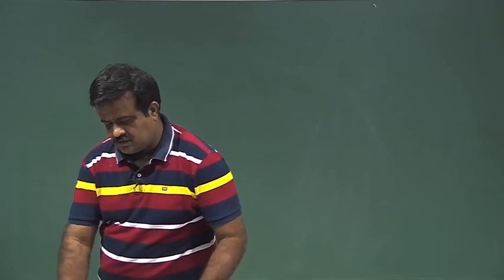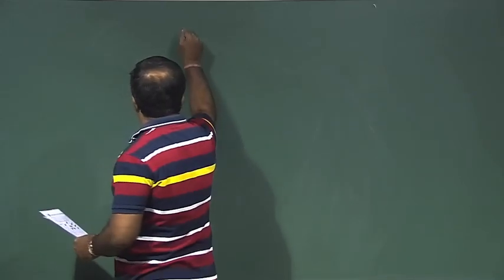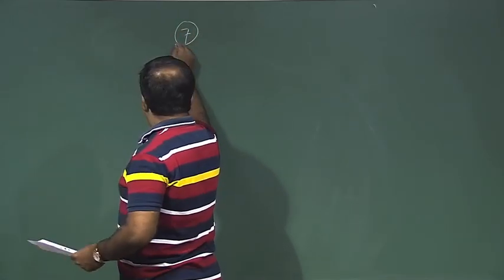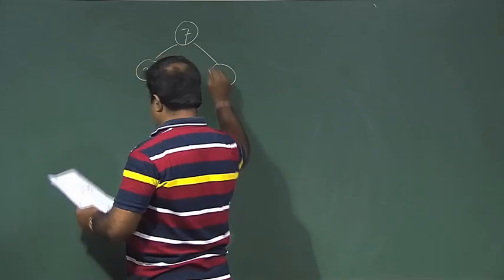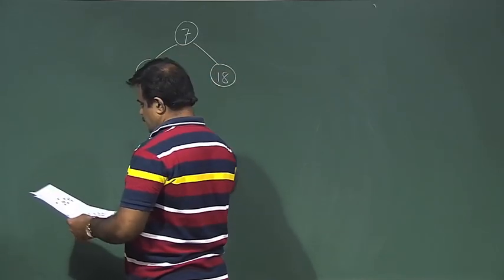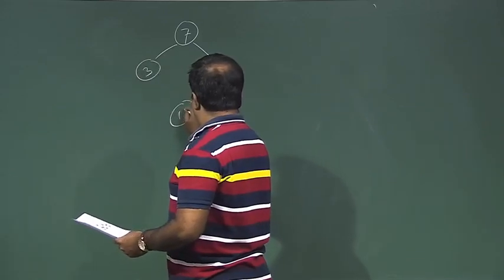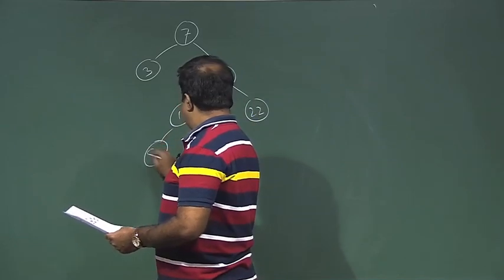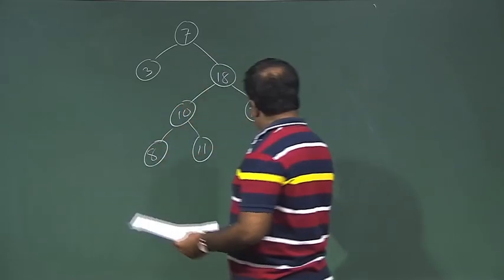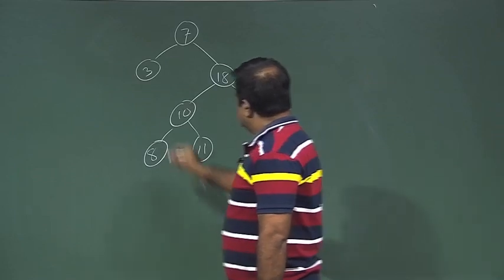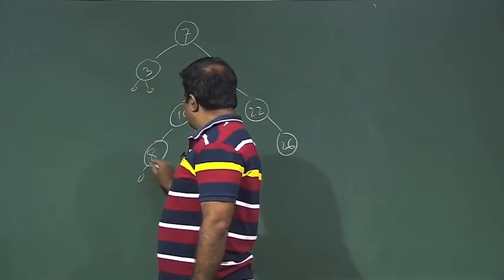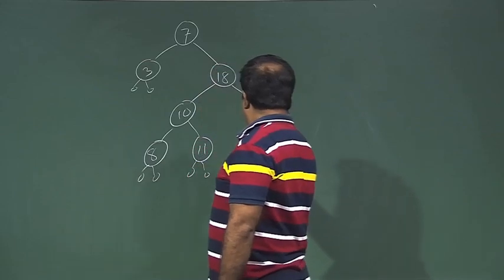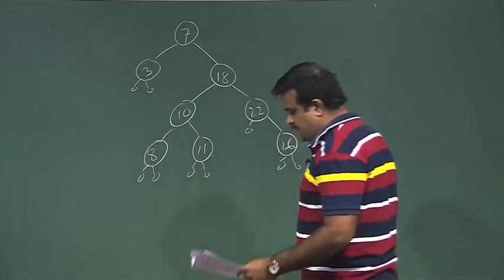One of the examples we had is like this. We have 7, 3, 18, 10, 28, 8, 11, 26, and we have the nils, the new leaves, to make this tree a complete binary tree.